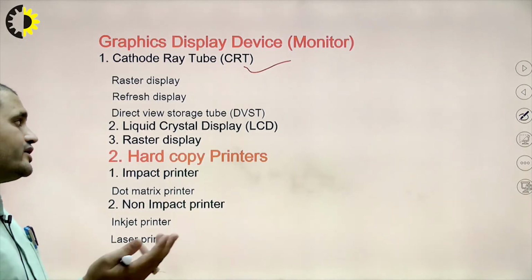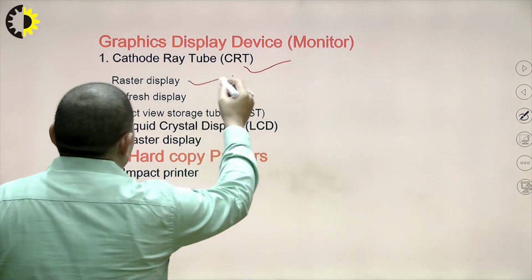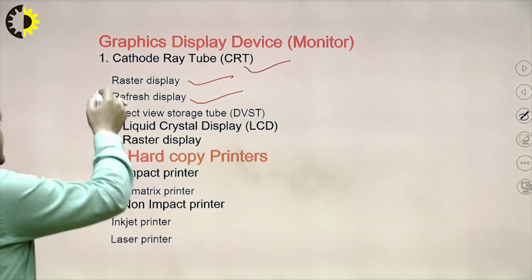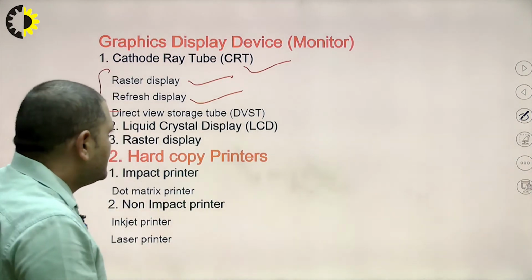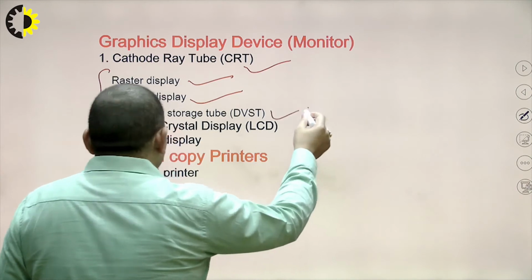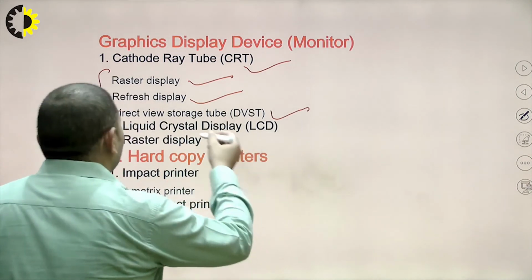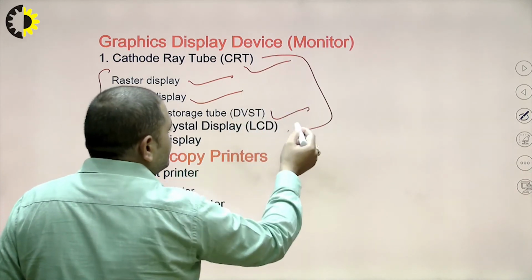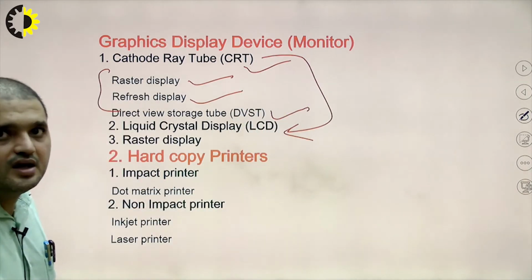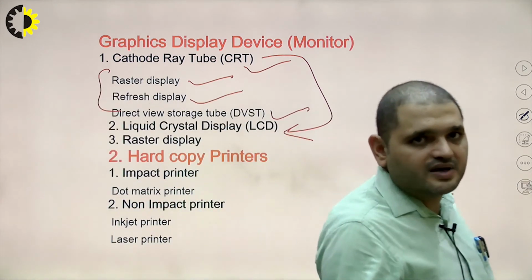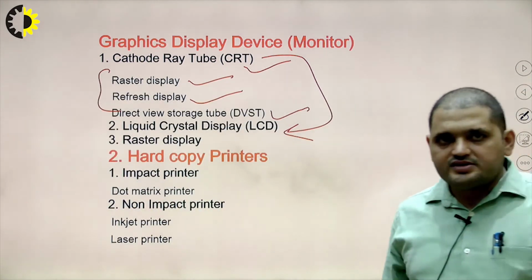It uses two types of display techniques, that is raster and refresh display, which we will learn about because the two techniques are important. Okay. Then it used the direct view storage tube. Then we have the liquid crystal display. Next, after the CRT, we have come to the next generation, that is LCD, and from LCD to LED and plasma display, so you can see.